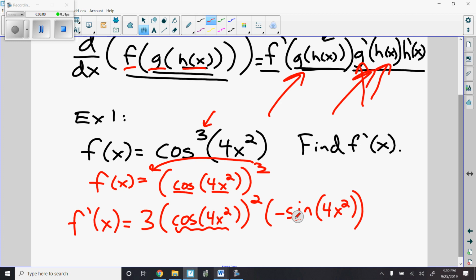And the very last thing I'm going to multiply in is h prime here, which would be 8x. Okay. And we have this big kind of messy equation here for f prime of x. What I like to do now is multiply all the coefficients together and just rewrite this thing a little bit more cleaned up.